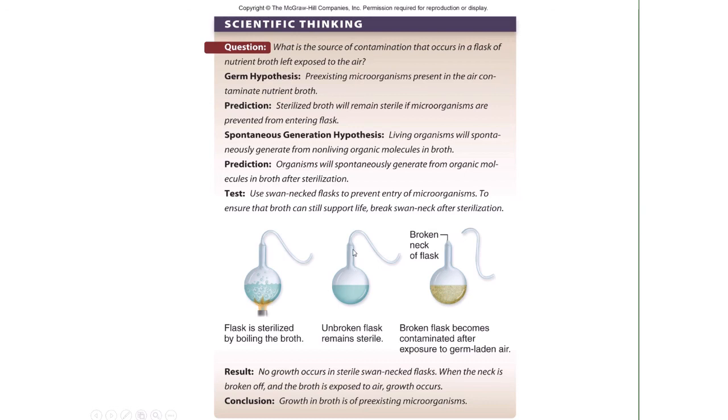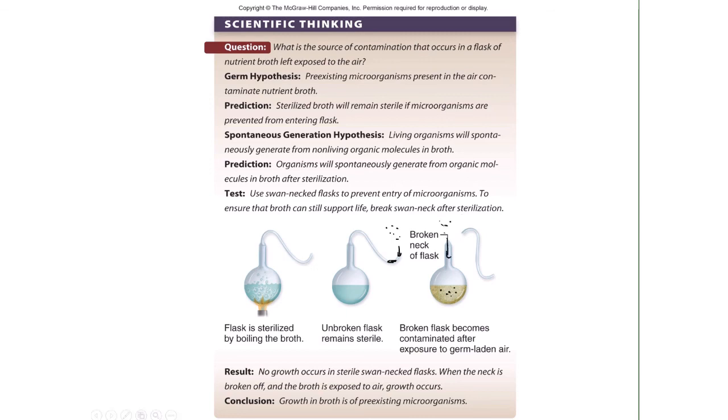He had a flask with a swan neck tube, so microorganisms in the air will only be able to go in through here, and then they will be trapped here. They won't be able to travel upwards and into the broth. And then he had a flask that had a broken swan neck, so everything in the air was able to go into the broth.